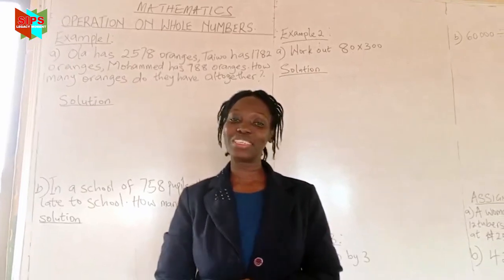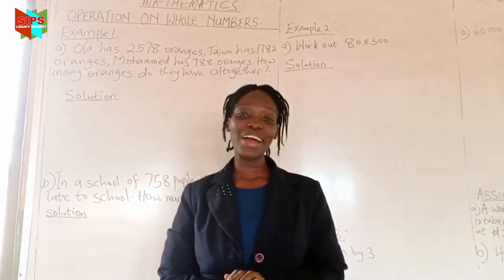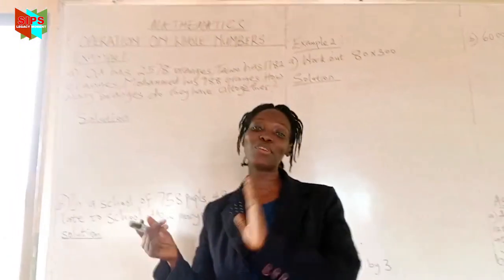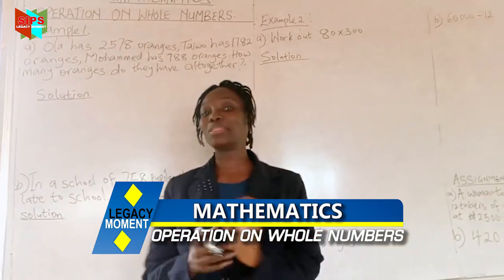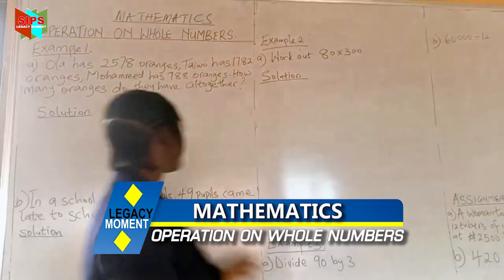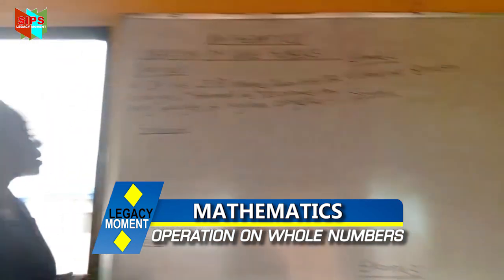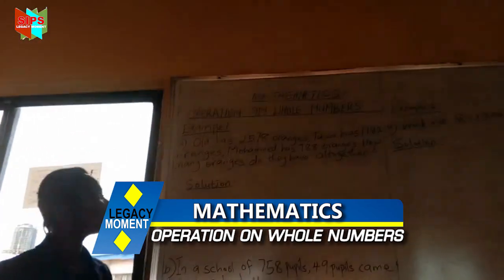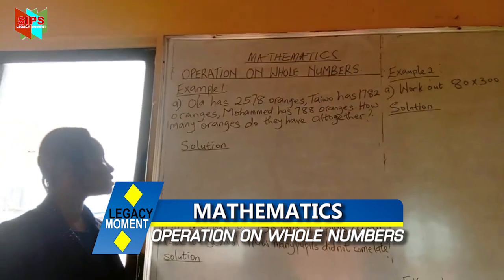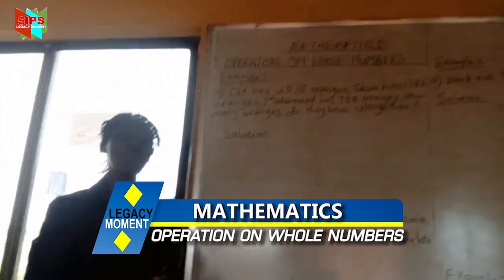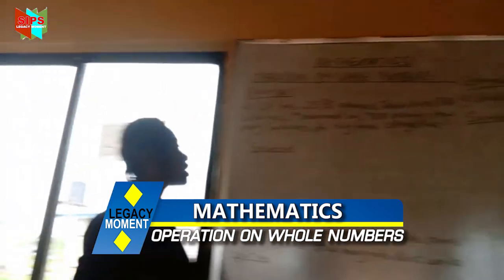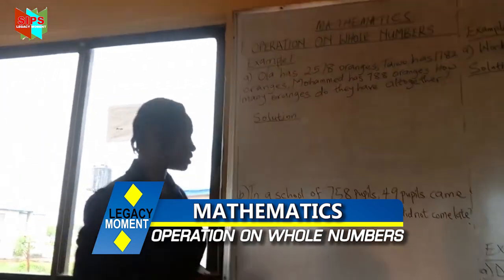Welcome to Salvation International Preparatory School online classes, and of course this is GSS1 mathematics class. So today's work, our topic is operation on whole numbers, right? So when we are talking of operation on whole numbers, let's quickly remind ourselves of the operational signs.